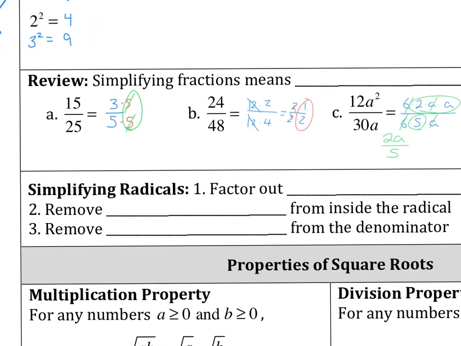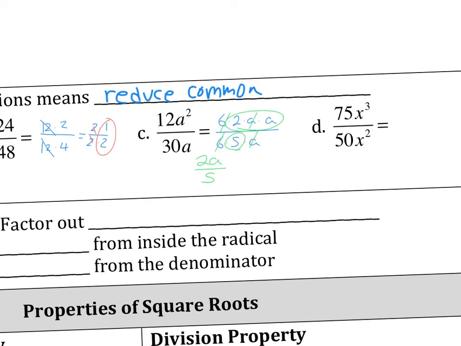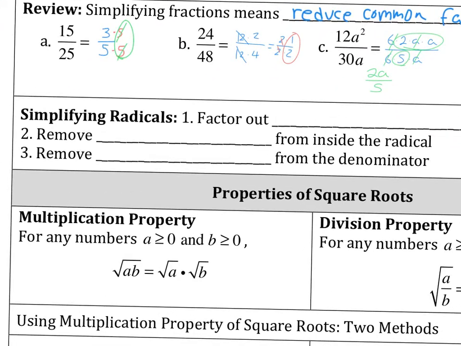Before we jump there, simplifying fractions means we need to reduce common factors. That's the key thing, and even more importantly, it's the GCF from the numerator and denominator. In the same way, when we are simplifying radicals, there are 3 things to consider. These are not steps.